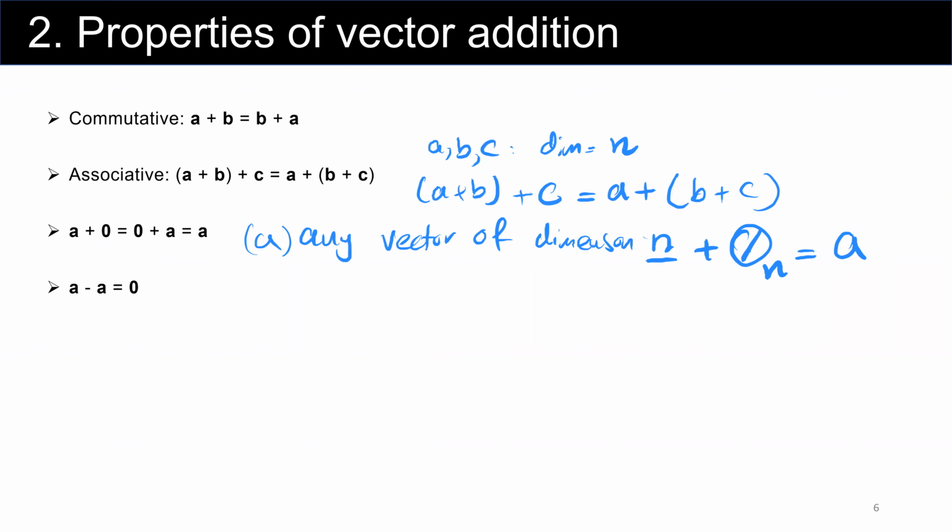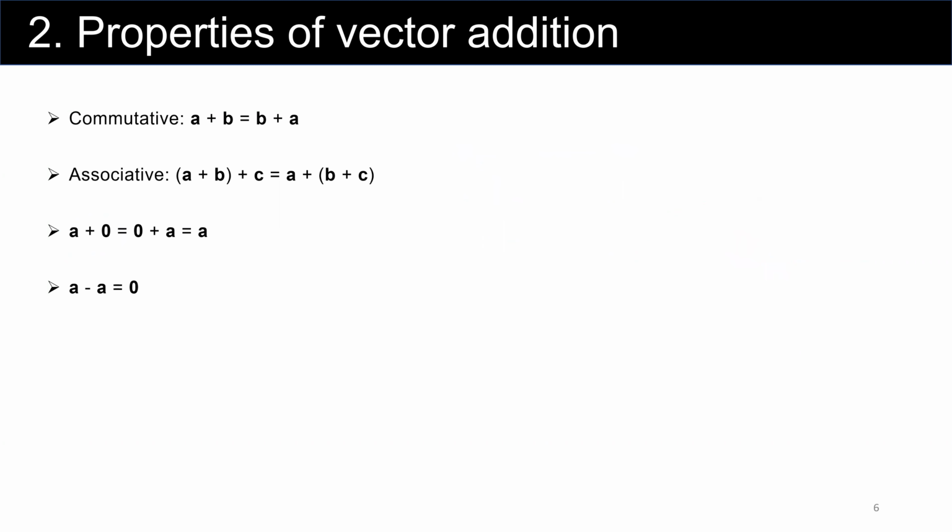So vector A plus vector 0 is equal to vector 0 plus vector A is equal to vector A. And another thing is, if we deduct any vector from itself, the result is going to be 0. So A subtract A is equal to 0 of dimension n, assuming that the dimension of vector A is also n.